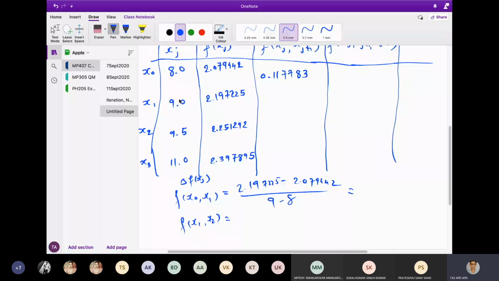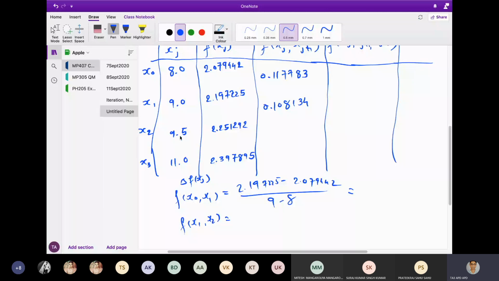So 2.251292 minus 2.197225 whole divided by 9.5 minus 9. So whatever difference you will be getting, you substitute over here, which is 0.108134. Right. Similarly, the difference of these two, I mean first the functions divided by its coordinates.